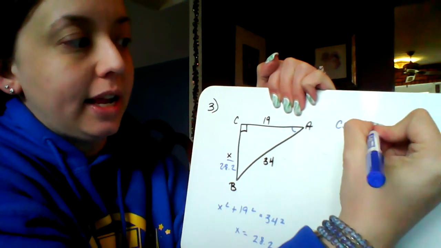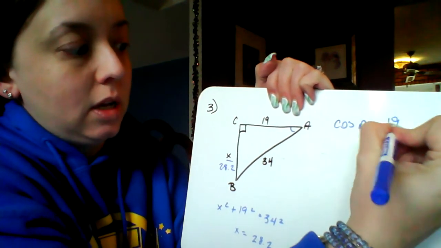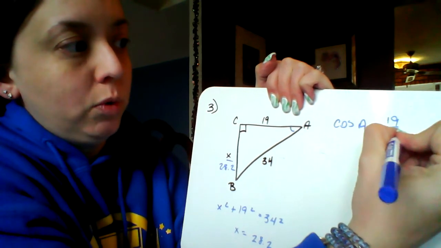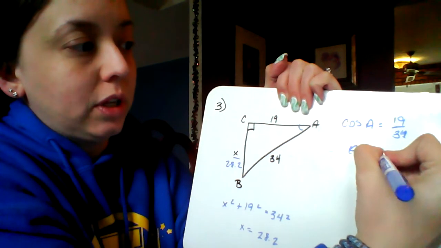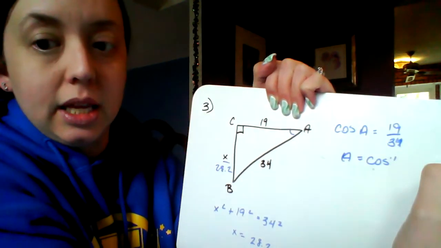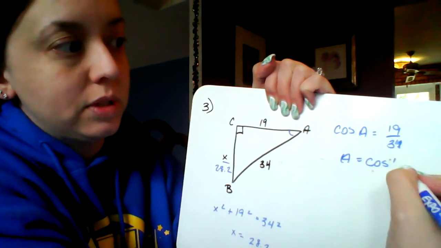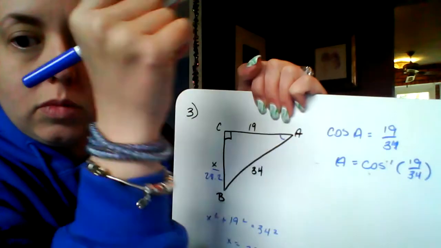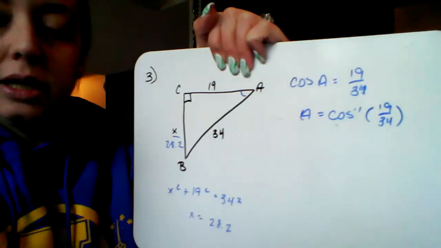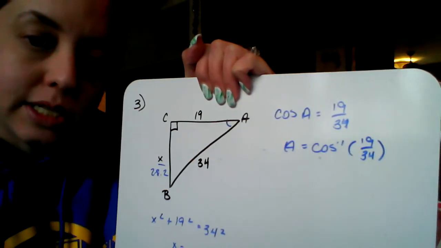So cosine of A equals 19 over 34. And then that means in your calculators, you are going to be using the inverse function. So inverse cosine of 19 over 34.